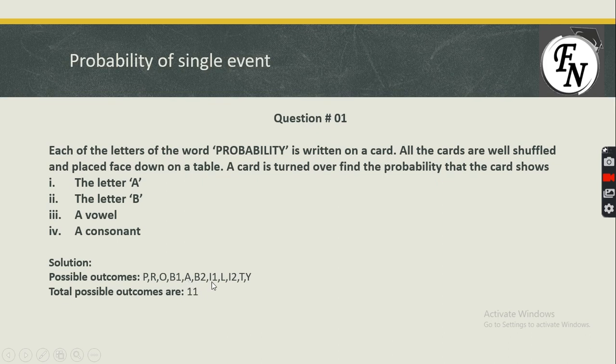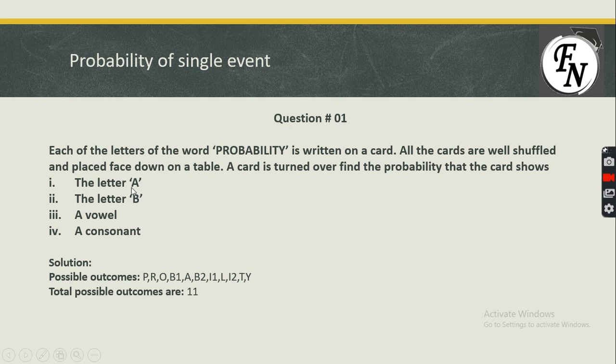Here's A, and then we have two I's, so this is I1, I2. So this is a total of 11 cards, which completes the word probability. So the total possible outcomes are 11, and I need to obtain an A. How many A's are present in these possible outcomes? There is a single A out of 11.